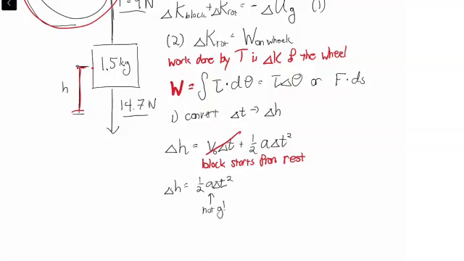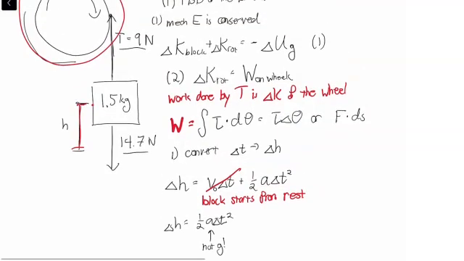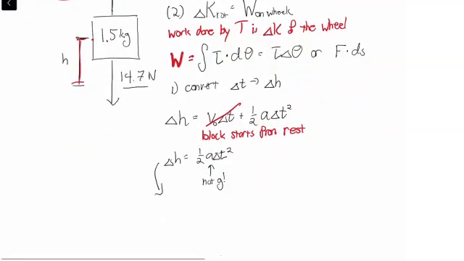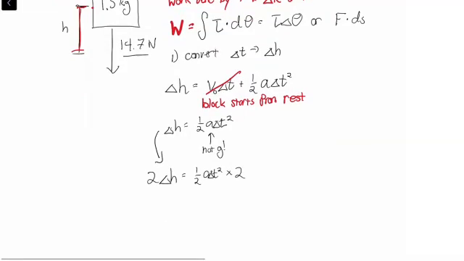The acceleration is not g, because the acceleration is due to the net force on the block, and the tension in the string is counteracting gravity. If delta h is 1/2 a delta t squared, you can multiply both sides by 2 and divide both sides by a.